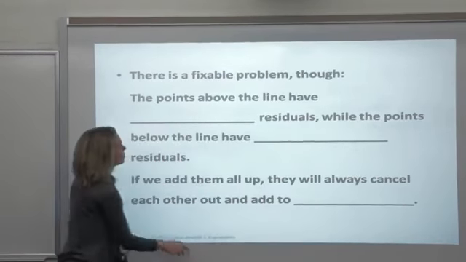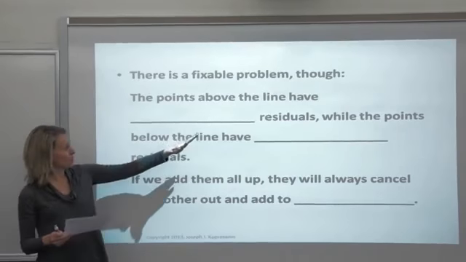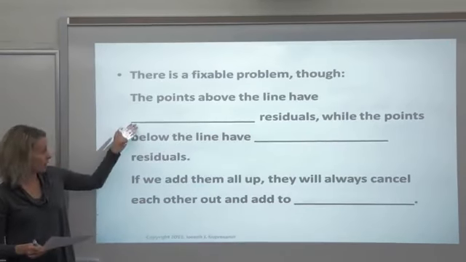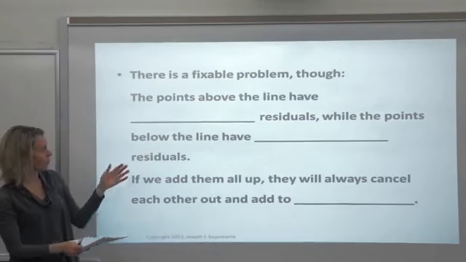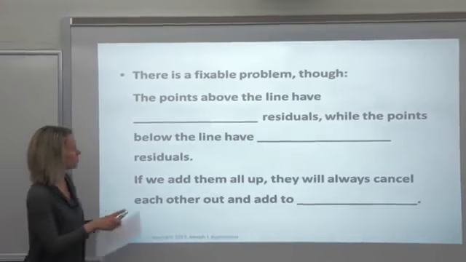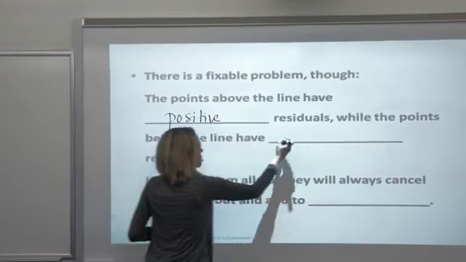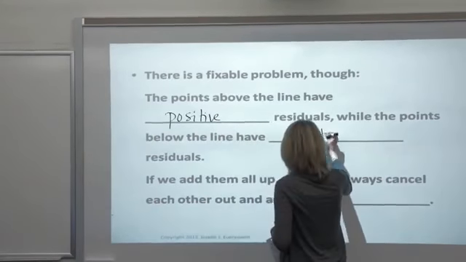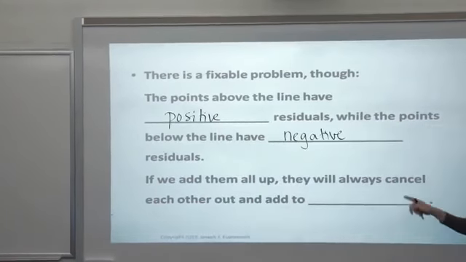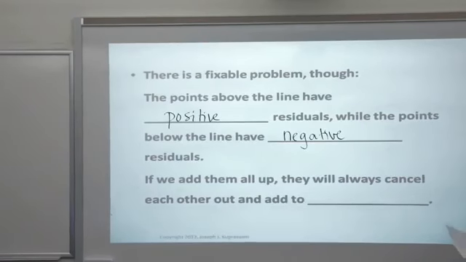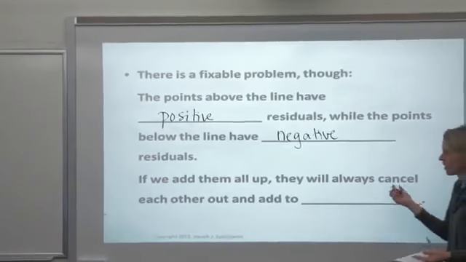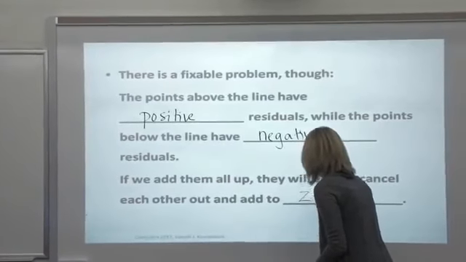Okay, so we do have a fixable problem. I mentioned that the points above the regression line all have positive residuals, while the points below the regression line will have negative residuals. And so if we just add all those up, it turns out that they'll cancel each other out, since some are positive and some are negative, and the sum of the residuals will be 0.